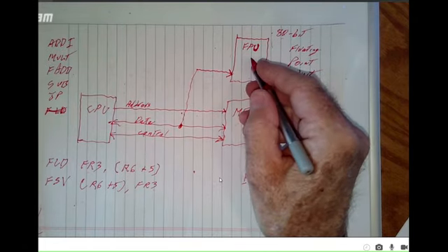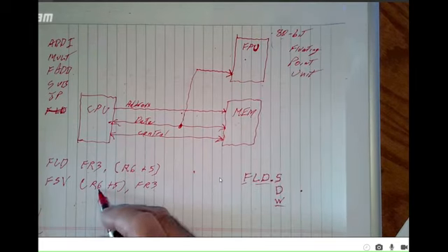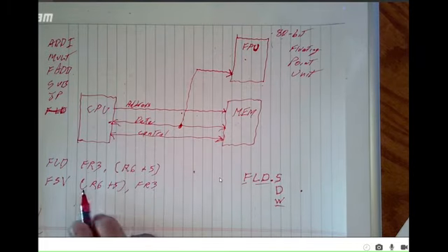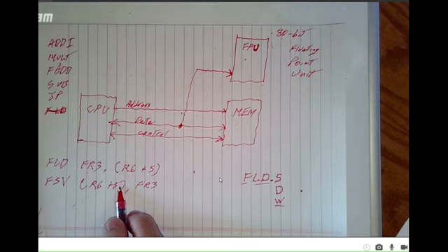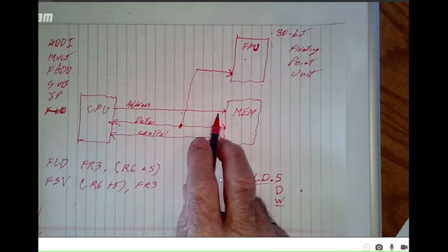But I don't know what the address is because I don't have register 6. So it's up to the integer CPU, again, to form the address. So the integer CPU forms the address and puts it out here.